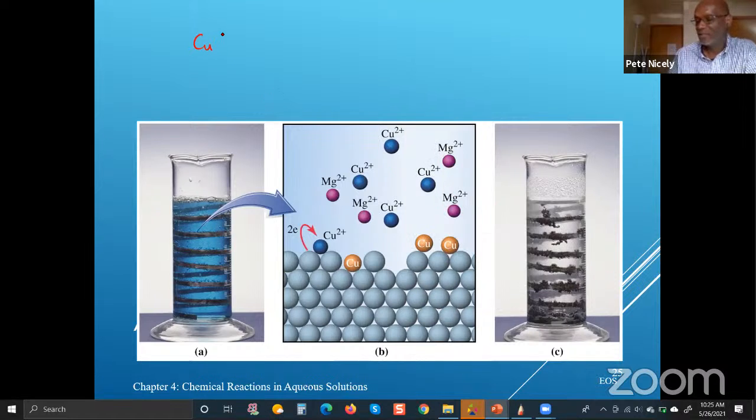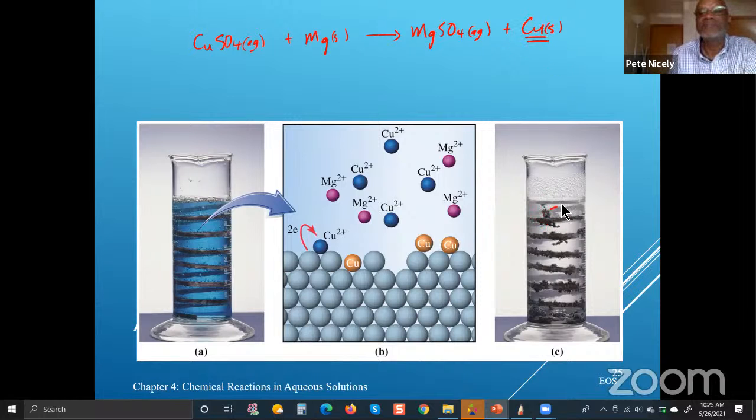Okay, so the copper sulfate aqueous will react with the magnesium solid to form magnesium sulfate aqueous plus the copper solid.